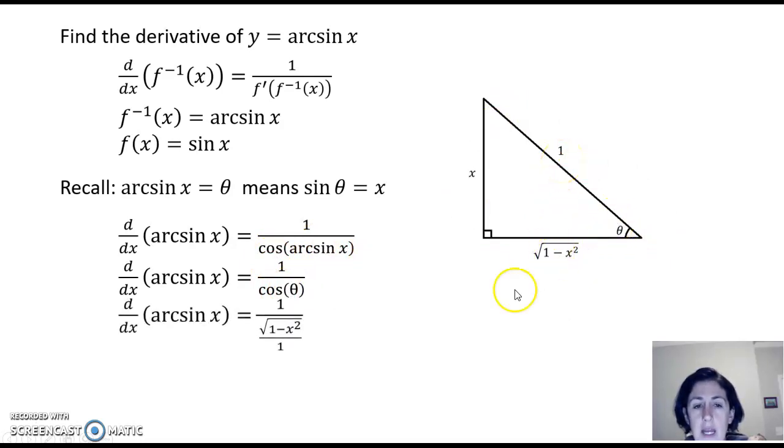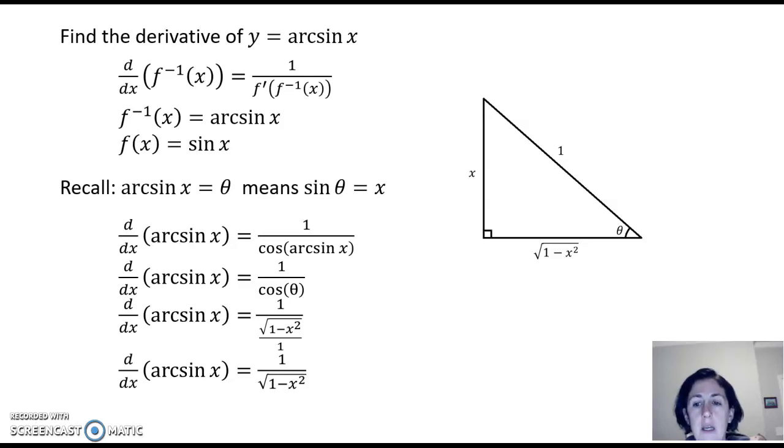So the cosine of that angle is square root of 1 minus x squared over the hypotenuse of 1. Well, anything divided by 1 is just itself. So really the derivative of the arc sine of x is 1 over the square root of 1 minus x squared.